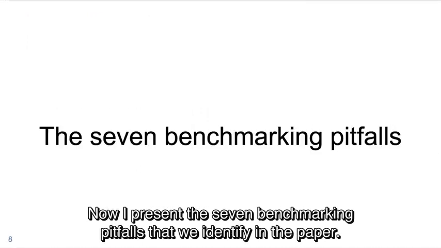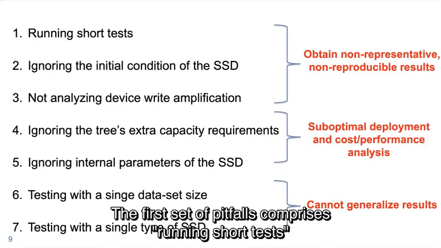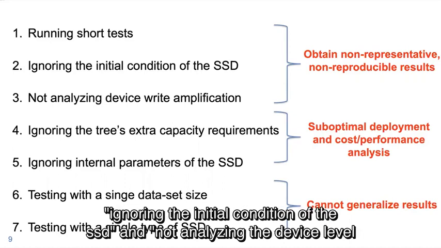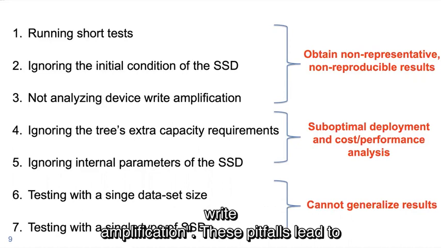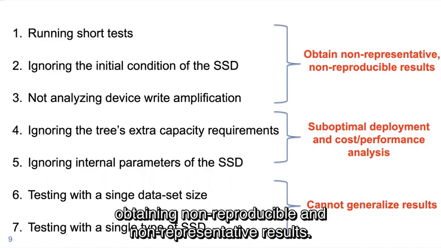Now, I present the 7 benchmarking pitfalls that we identify in the paper. The first set of pitfalls comprises running short tests, ignoring the initial condition of the SSD, and not analyzing the device-level write amplification. These pitfalls lead to obtaining non-reproducible and non-representative results.